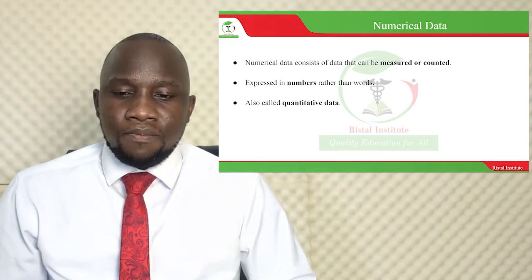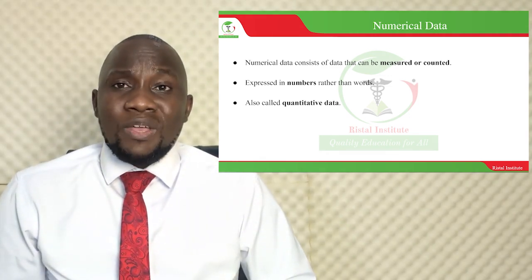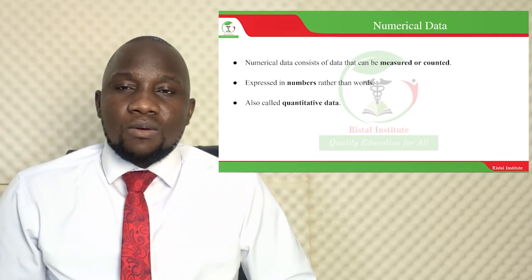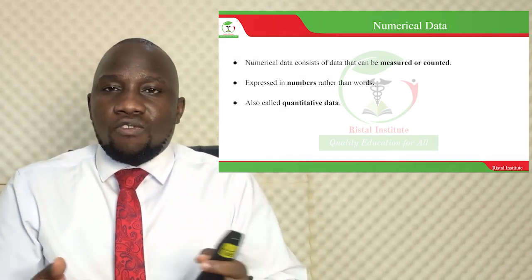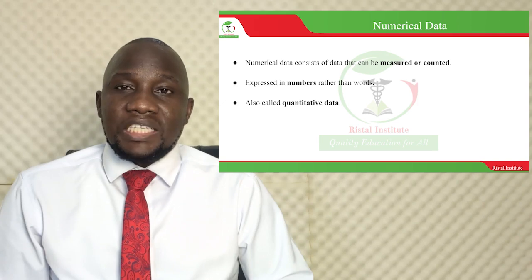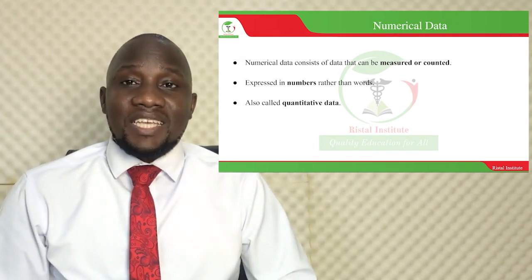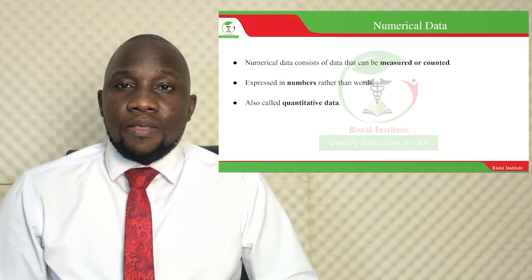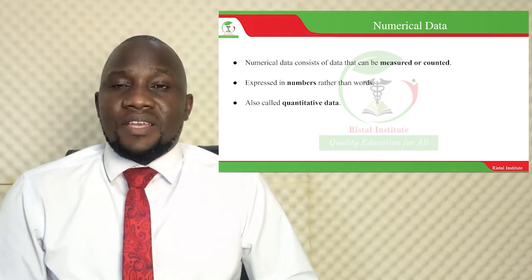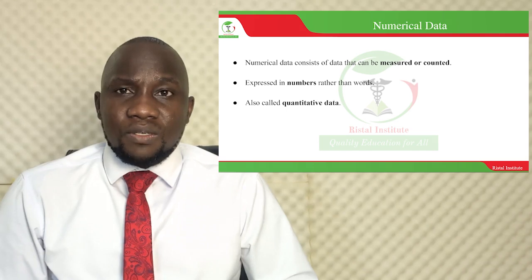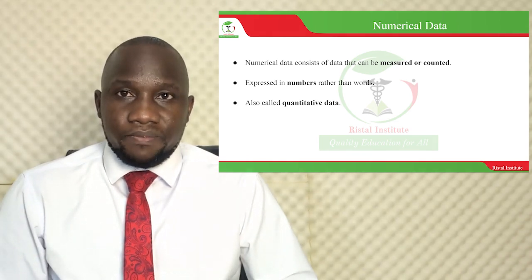Anything that we can measure or count will fall under quantitative data, or what we can term numerical data. So if we say define numerical data or define quantitative data, the definitions should be the same.